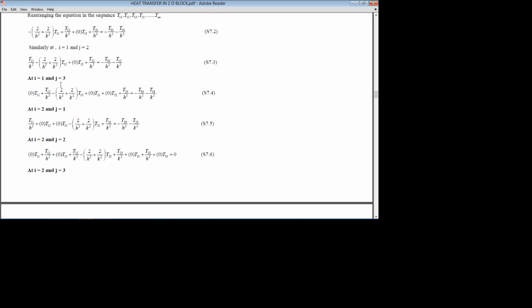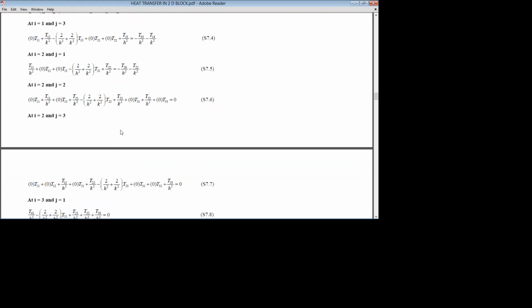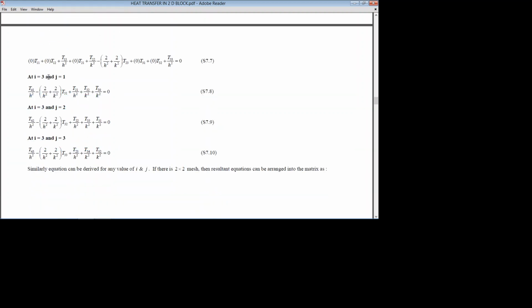Then i equal to 1, j equal to 3, another equation, then i equal to 2. Now we are changing j from 1, then 2, then 3, so these equations are coming. Now i equal to 3, again we are changing j from 1, then 2, then 3. So again these ones.